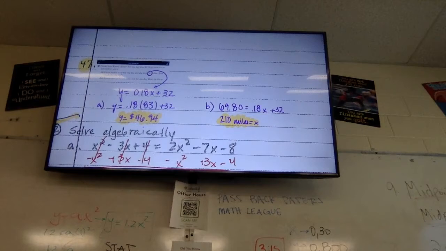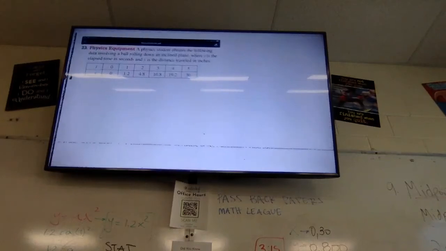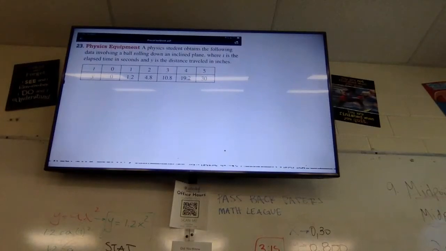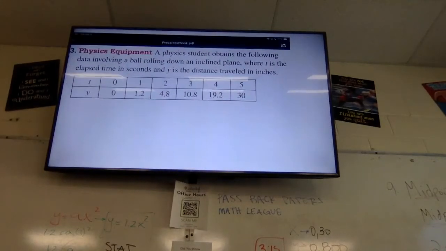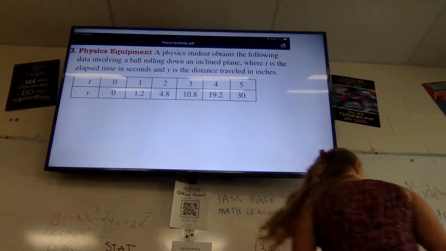My calculator is still not working on my iPad, so I'm going to put my phone up on the board, but I want us to write this on your paper before you do this. So basically, this word problem says that we're finding the equation if this is what's given to me. This is my data points. I used to have it on the board, and I guess I erased it, so I'll write it on the board too.